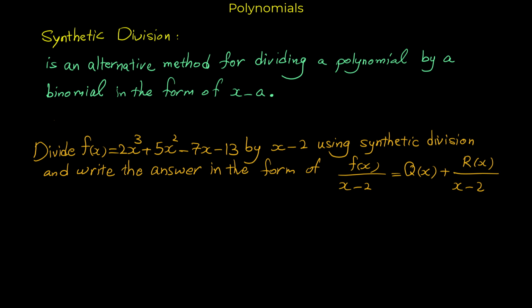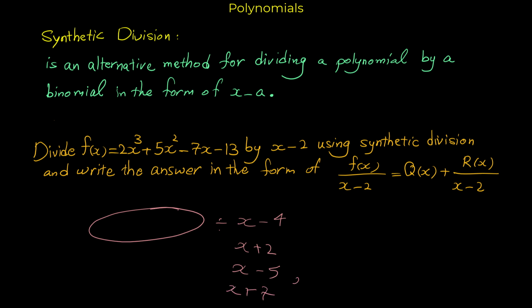first of all, is faster, but the downside of this method is that it works only when you want to divide a polynomial by a binomial in the form of x minus a. So if you want to divide a polynomial only by something like x minus 4 or x plus 2 or x minus 5 or x plus 7 or x plus 1, it only works for cases like that.